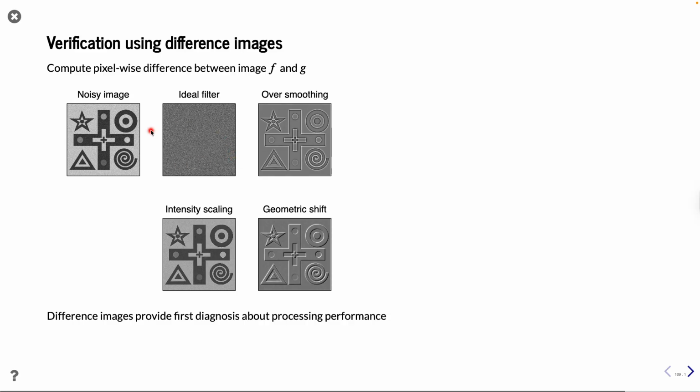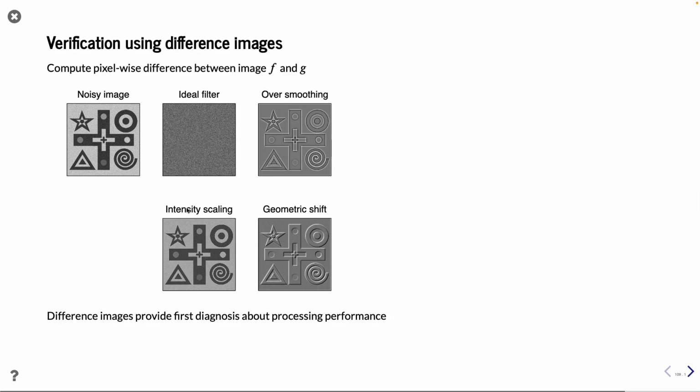If your filter is a bit too strong, like if you have a too wide Gauss filter, you will see it like a halo around the features in the difference image. That gives you an indication that something is not right. Then you can have intensity scaling, which is also a common mistake.